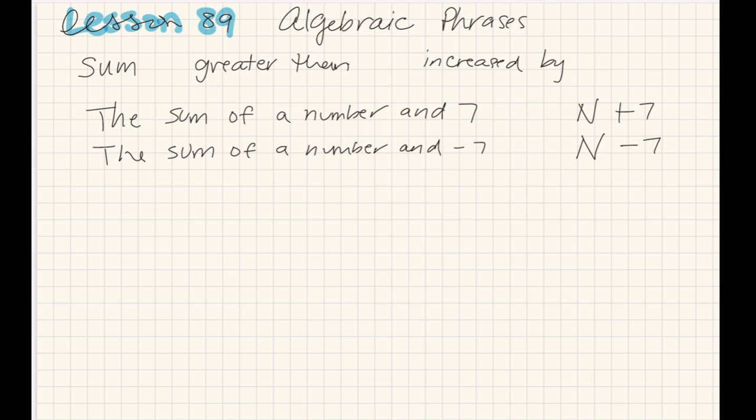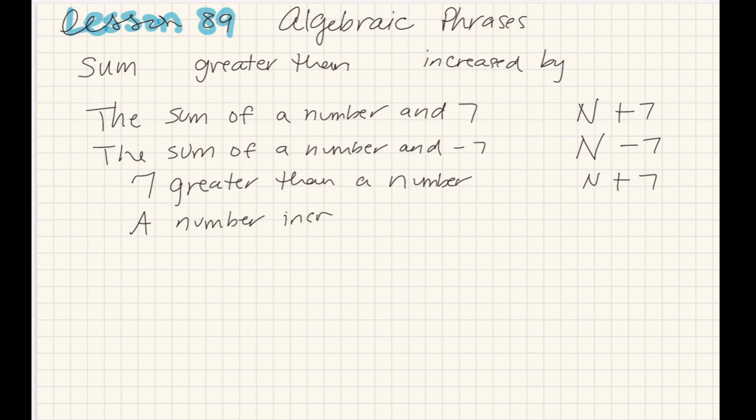I could say n plus -7, or I could just simplify it and write n minus 7. If I have 7 greater than a number, I would have n plus 7. If I have a number increased by 7, I would also have n plus 7.